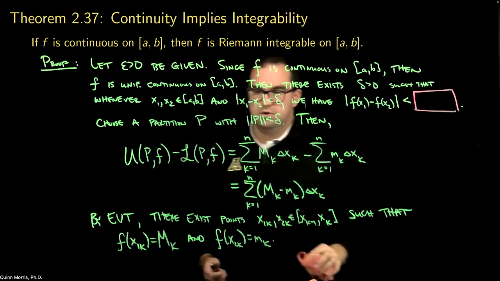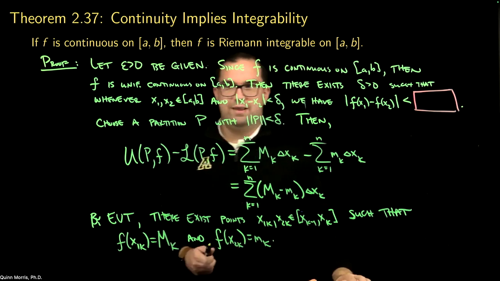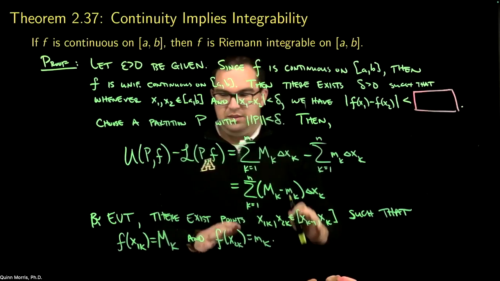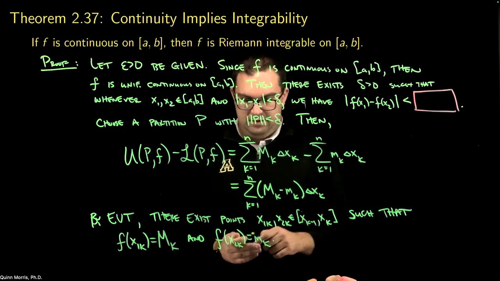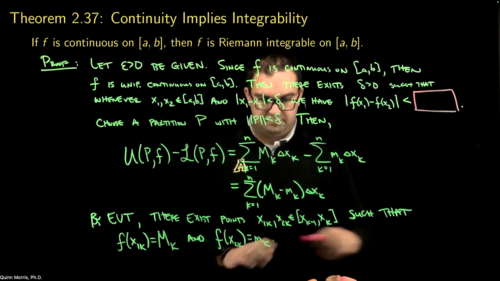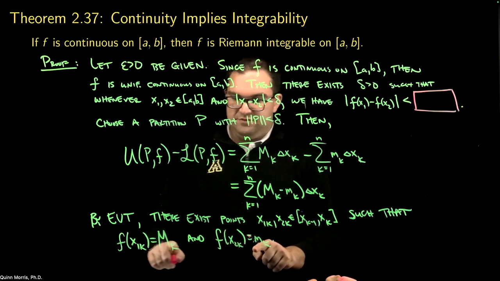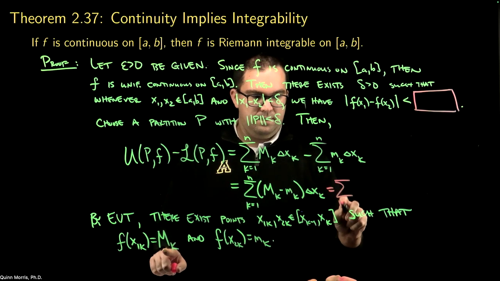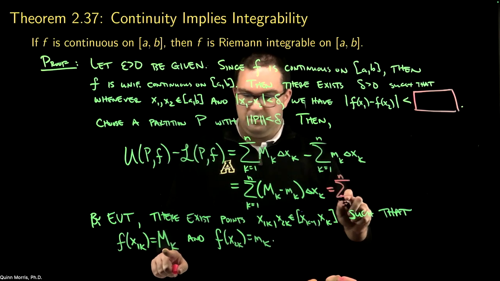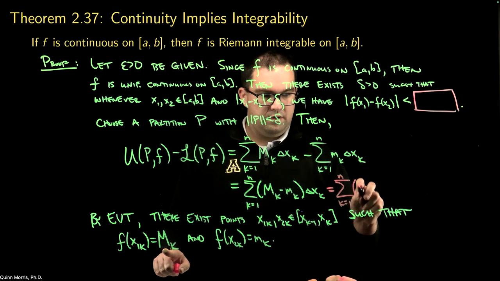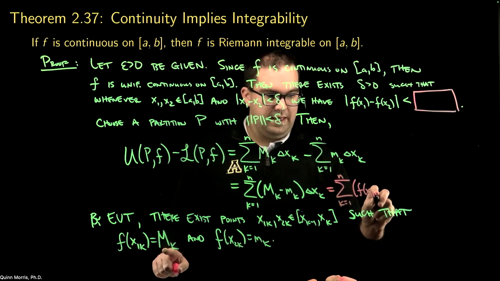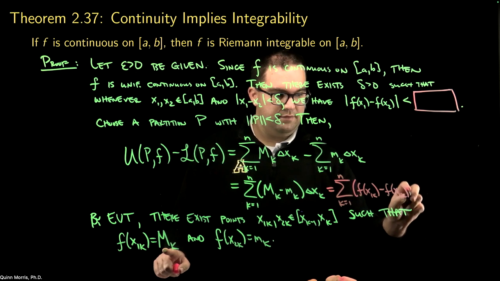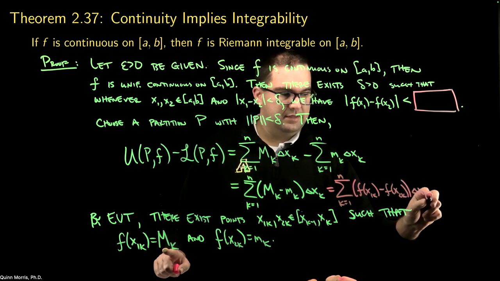All right. So let's see what happens then. I'm going to write a little bit out of order. If I come back up here, using this fact, I can replace this with the sum k equals 1 to n of f of x1k minus f of x2k times delta xk.